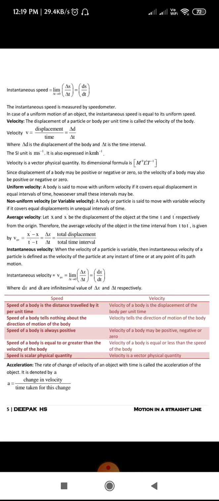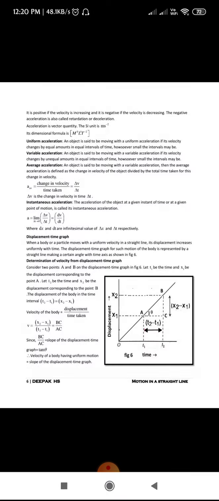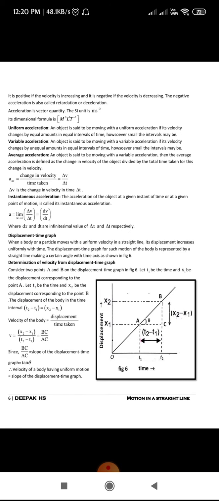What is acceleration? Acceleration is the change of velocity of an object with time. Where the change of velocity of an object with respect to time is called the acceleration of a body or a particle. Acceleration is denoted by a, and a is equal to change in velocity divided by time taken. Acceleration is positive when the velocity is increasing.